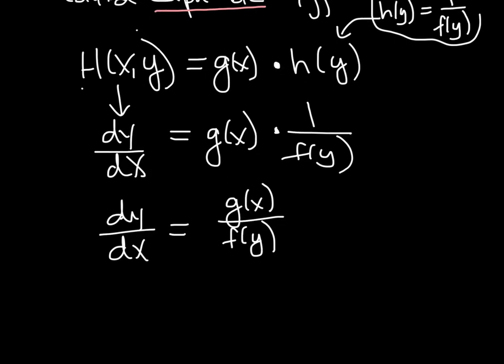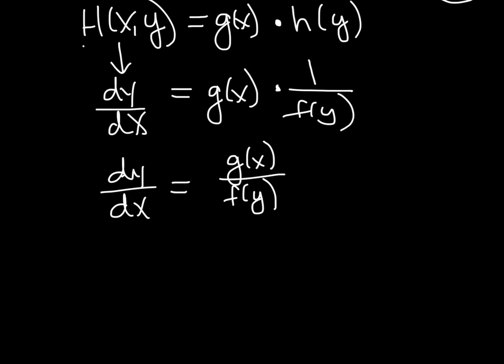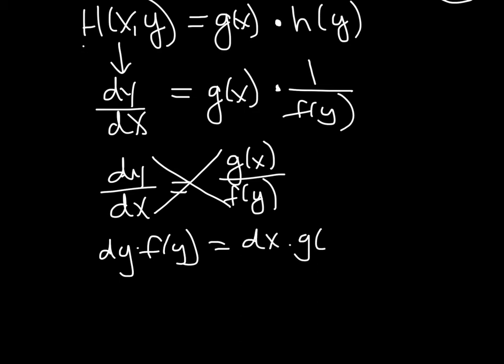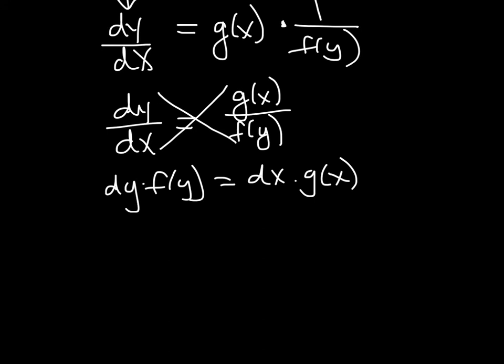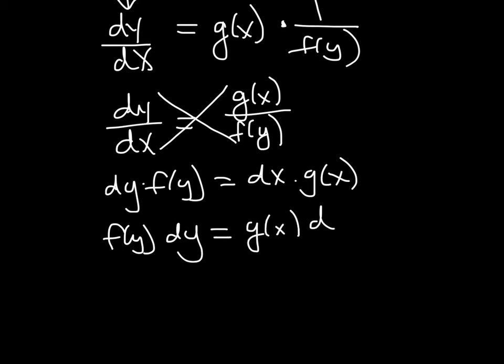Okay, so moving on, let's simplify this a bit. If we use a little bit of algebra, this is a proportion, so I can definitely cross multiply, or you can multiply by the LCM, which is dx times f of y. That's really where cross multiplication comes from. So if I cross multiply, I get dy times f of y equals dx times g of x, and I'm going to write f of y first, times dy equals g of x times dx.